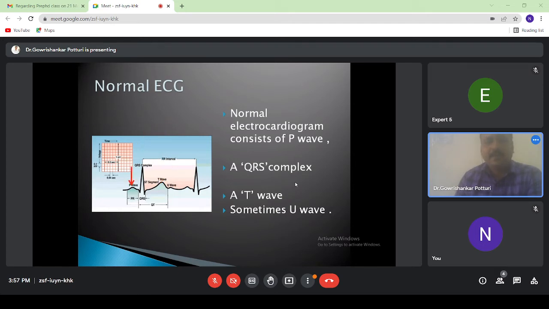P wave, QRS complex, a T wave, and sometimes a U wave will be seen. Always an ECG starts with a P wave.